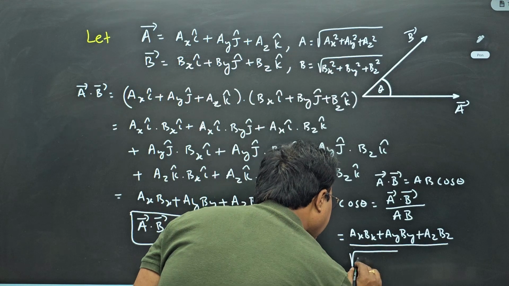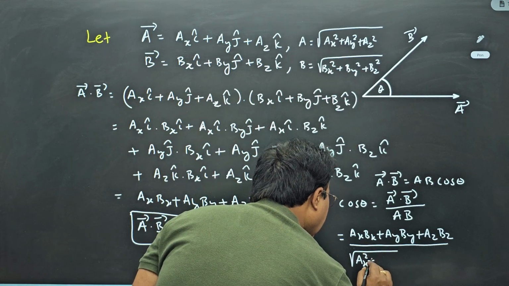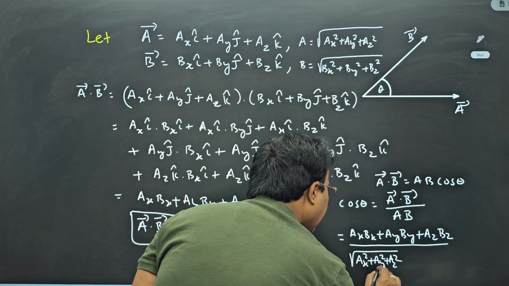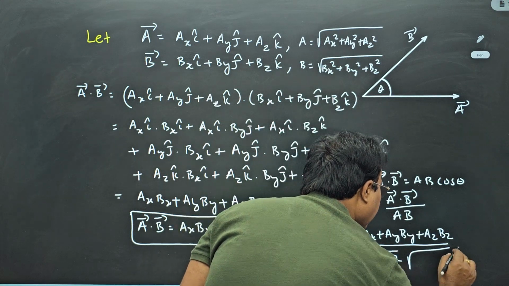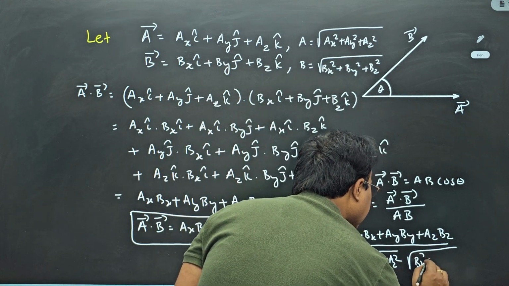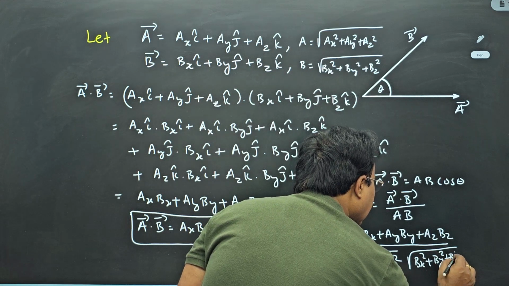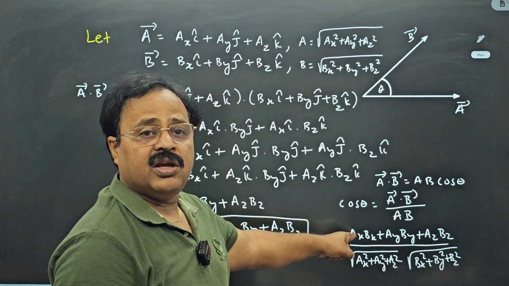What is the magnitude of a? Root over of ax square plus ay square plus az square. Similarly, magnitude of b is root over of bx square plus by square plus bz square. From here, we can find the angle theta.